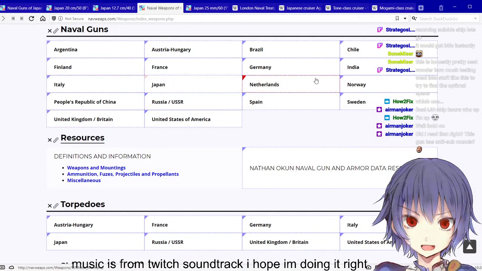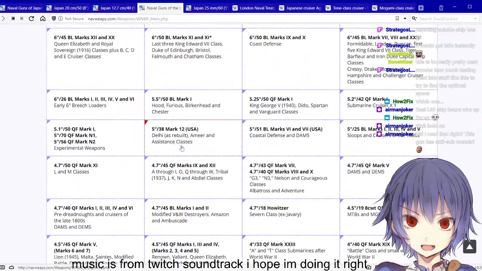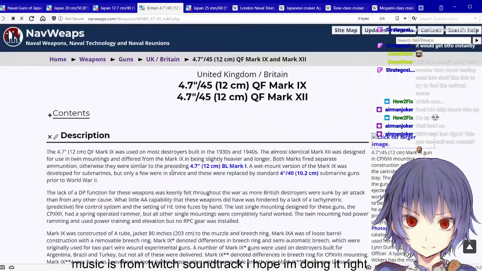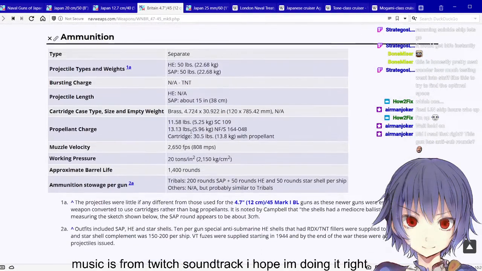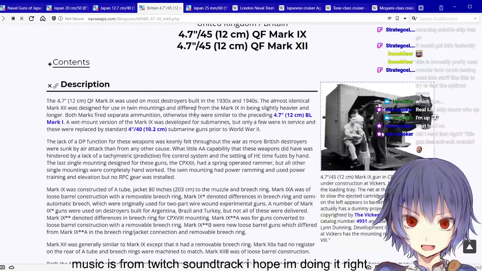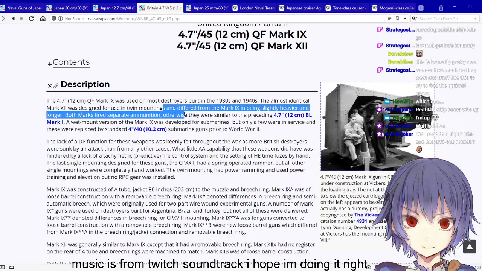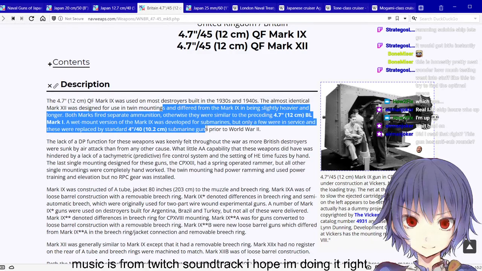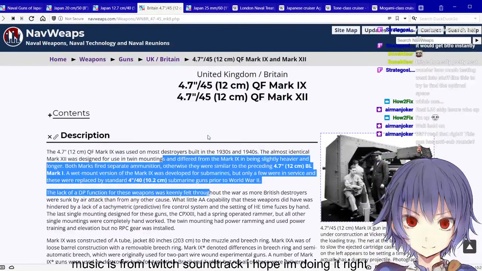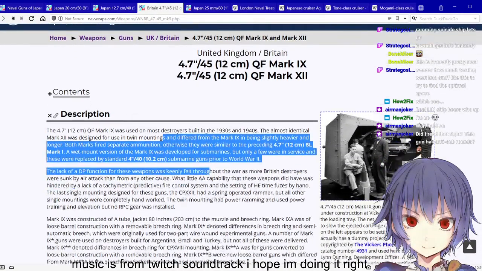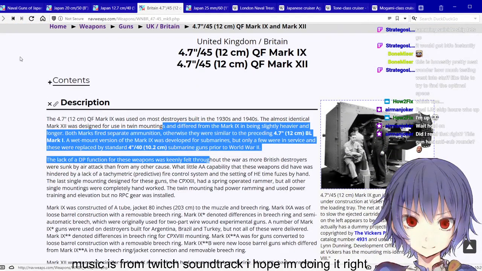If I click on some destroyer gun, I saw anti-sub up top. Okay, I'm not seeing it.